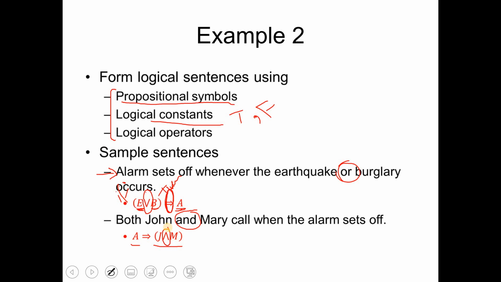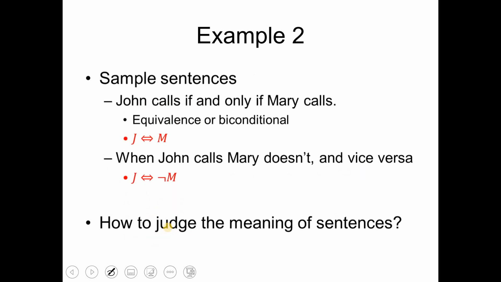If something is not clear, please ask me and I will repeat it. Now this thing is very important: equivalence, or if and only if, or biconditional. There are many names. A sentence can be like this: John calls if and only if Mary calls.